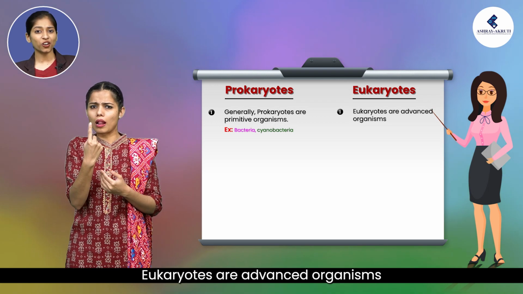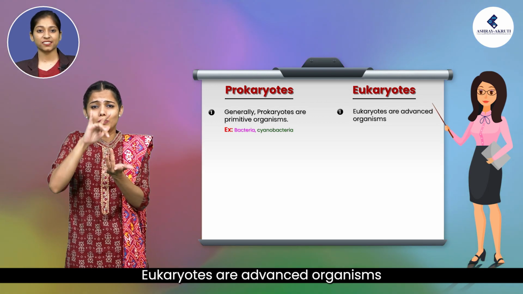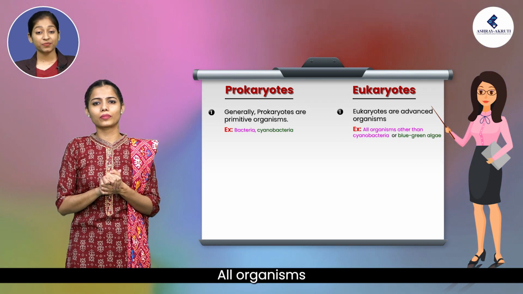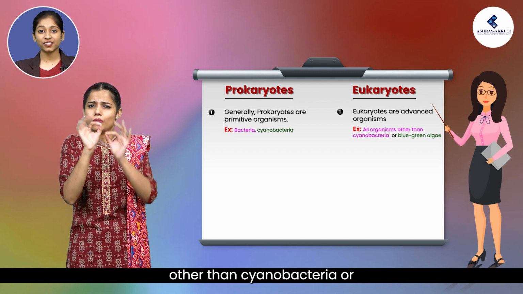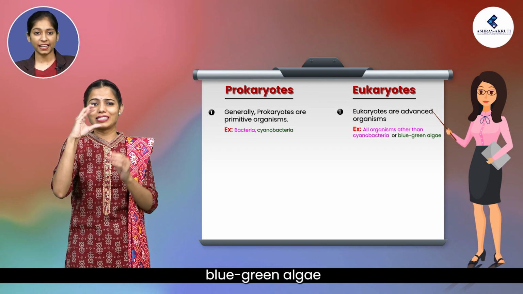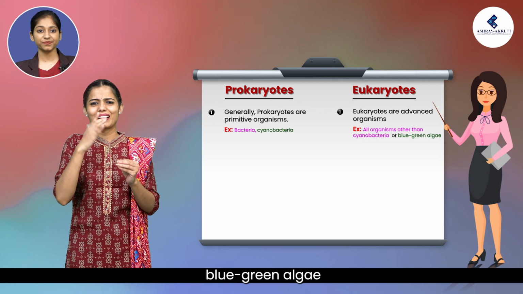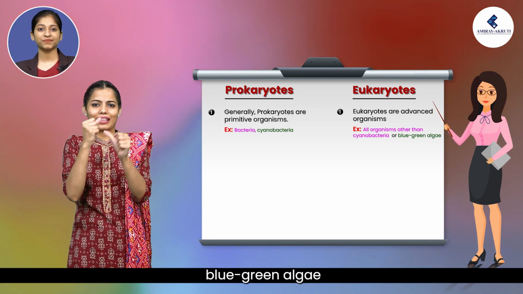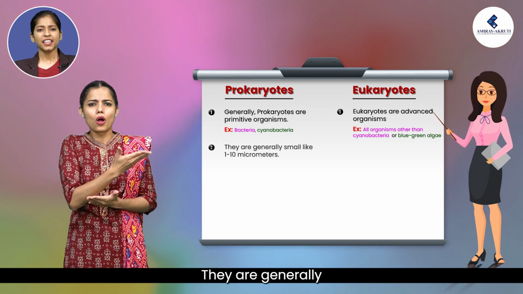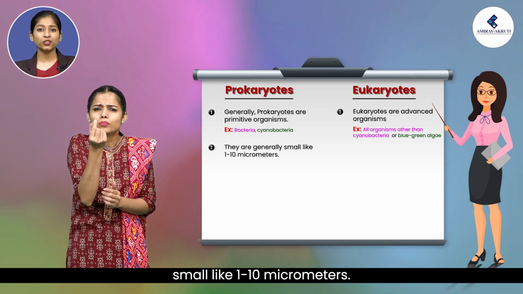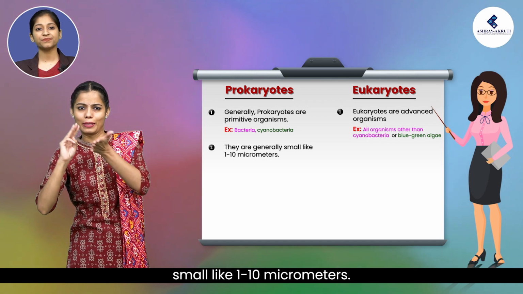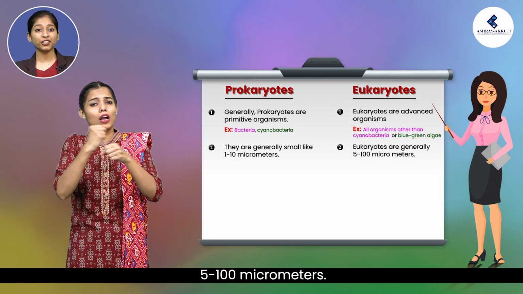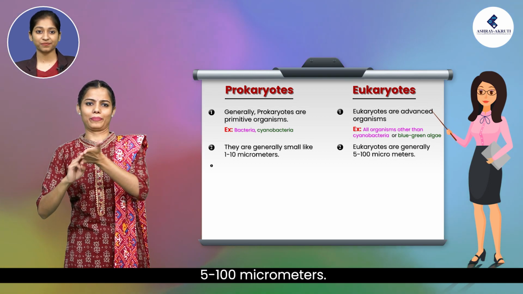Whereas eukaryotes are advanced organisms, for example, all organisms other than cyanobacteria or blue-green algae. Prokaryotes are generally small, like 1 to 10 micrometers, whereas eukaryotes are generally 5 to 100 micrometers.